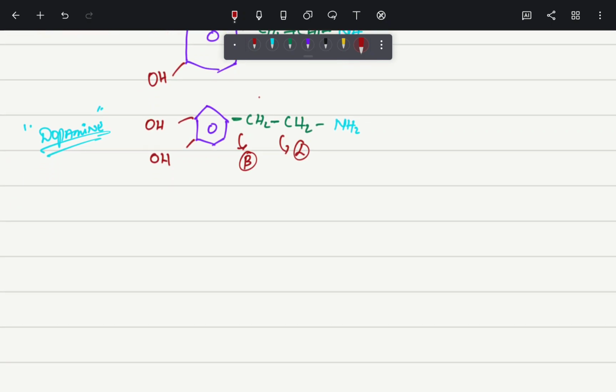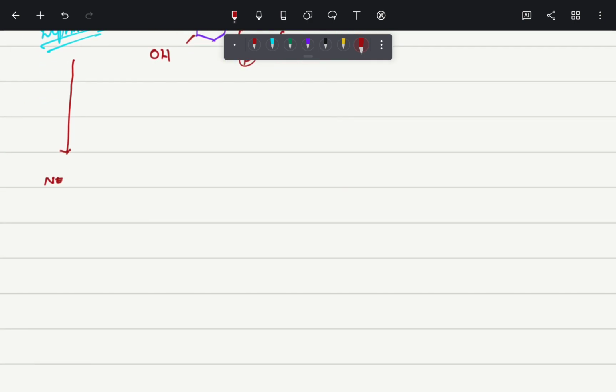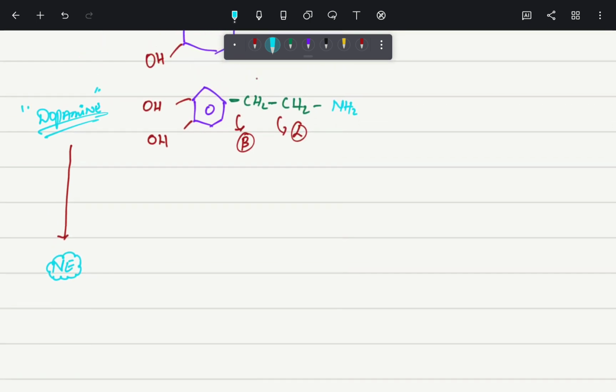So eventually this dopamine will get converted into norepinephrine. Let's draw this with a different color. Eventually it will get converted into norepinephrine or noradrenaline by an enzyme.